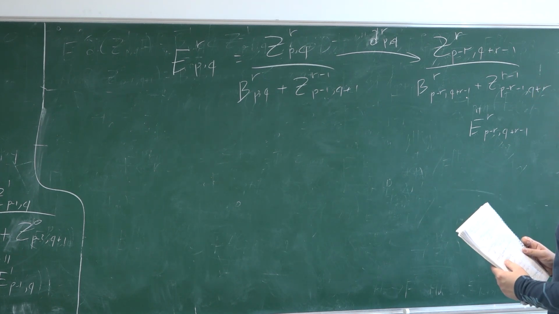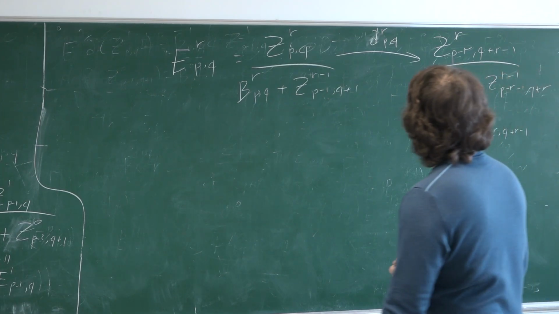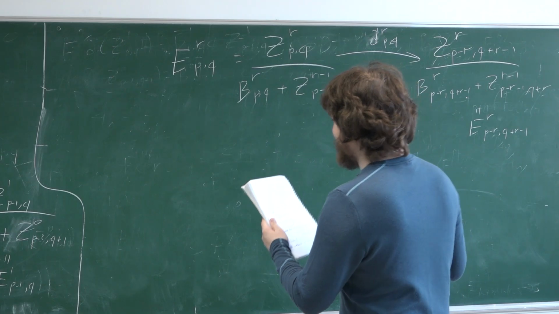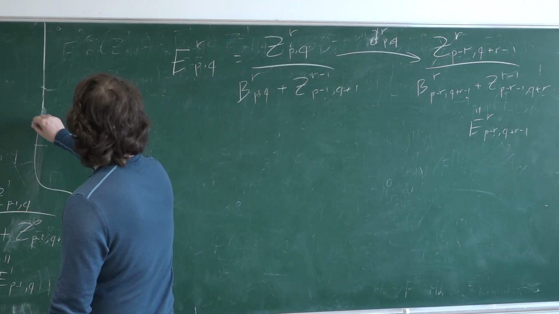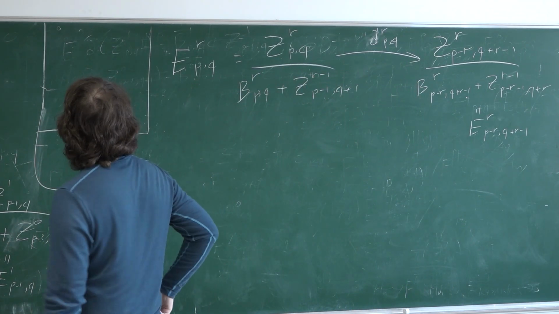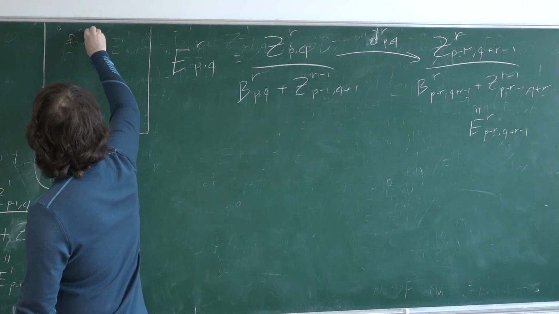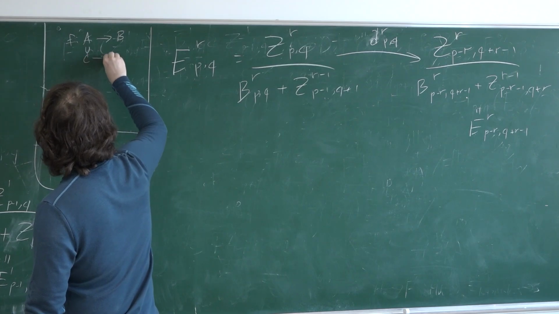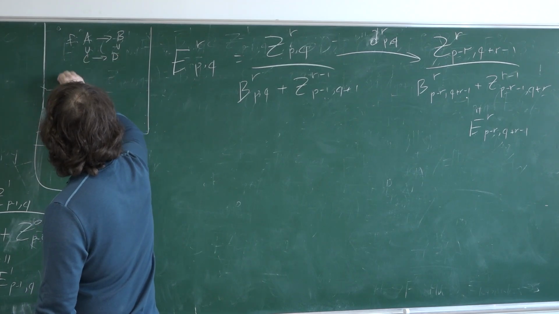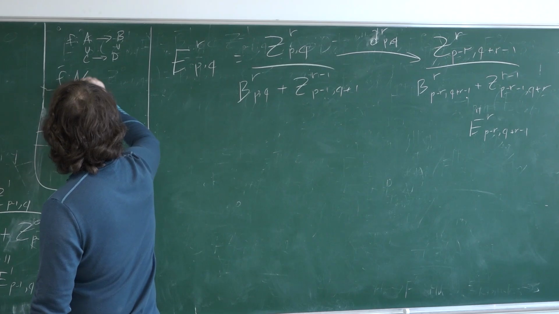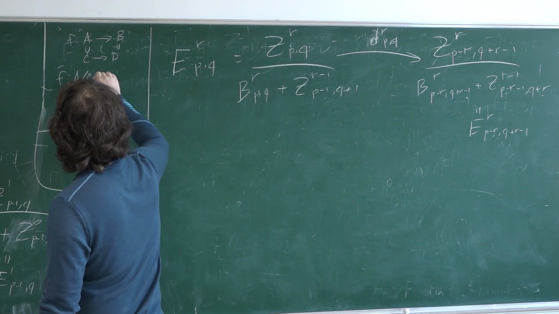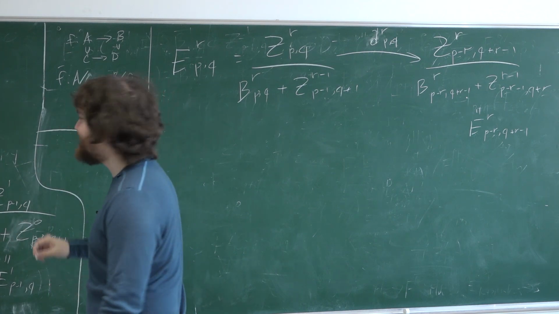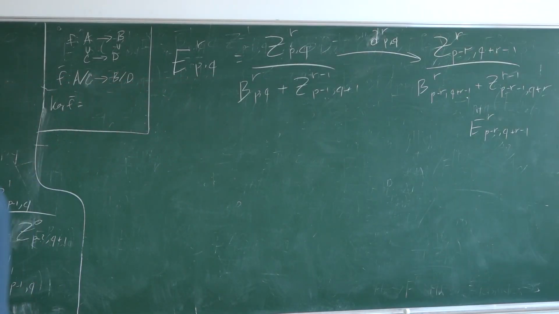Kernel. What is the kernel of this map? Again, an easy algebraic fact: if we have a map from A to B, and a submodule C which goes to a submodule D, then I have an induced map of quotients, A modulo C to B modulo D. And what is the kernel of this induced quotient map?